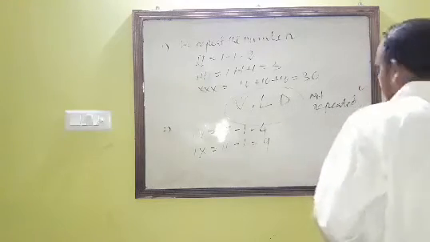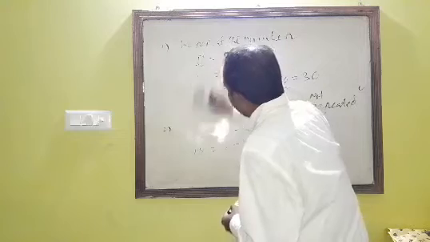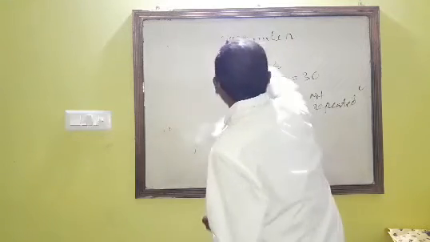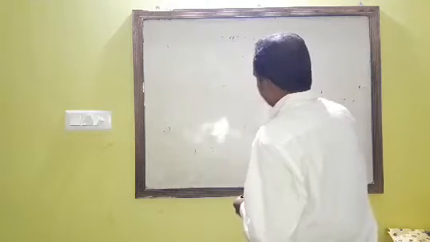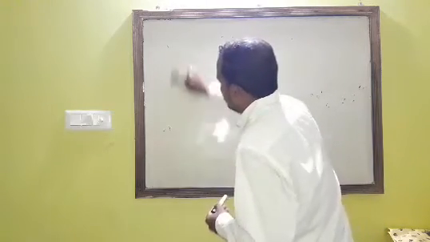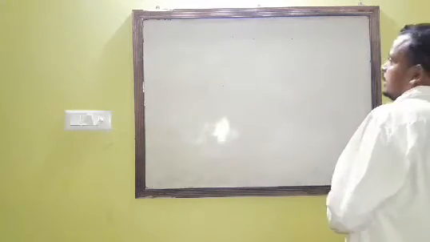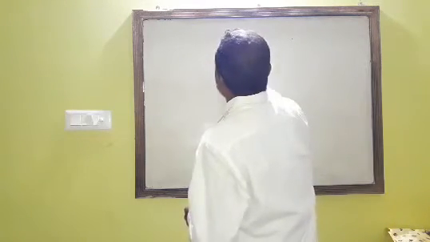Next rule, if a Roman symbol or letter which is of smaller value is placed on the right hand side, in this case the values are added.